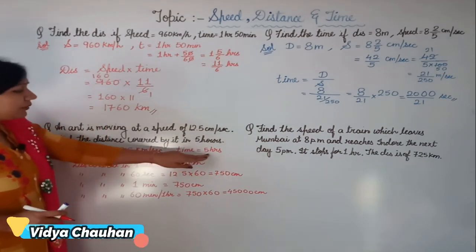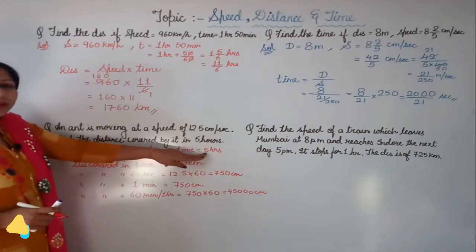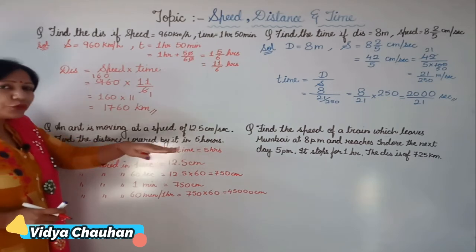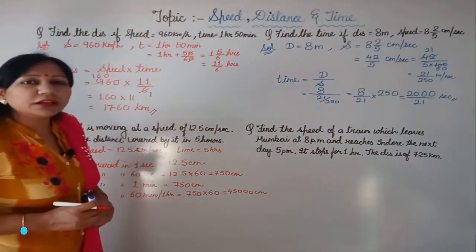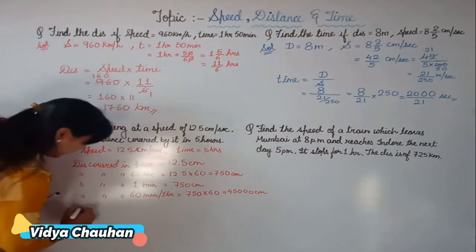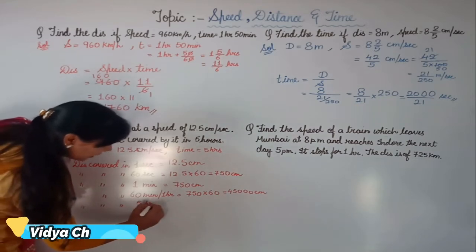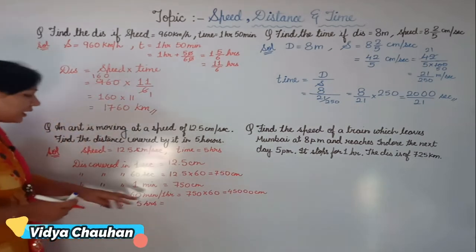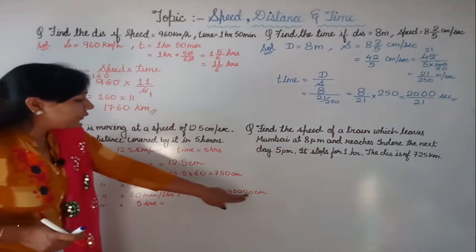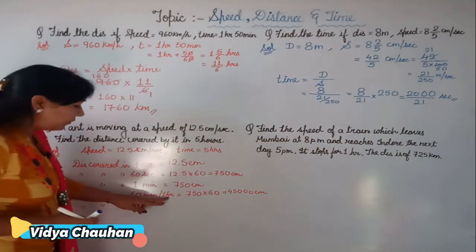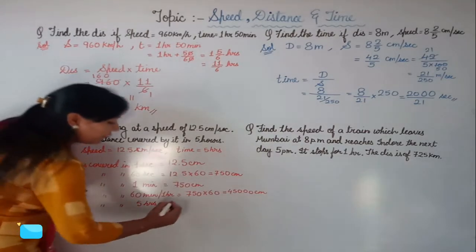And how much time have we given to the ant? 5 hours. So we have to calculate how much distance it will cover in 5 hours. So last statement, distance covered in 5 hours. If the ant is covering a distance of 45,000 centimeter in 1 hour, how much will it cover in 5 hours?